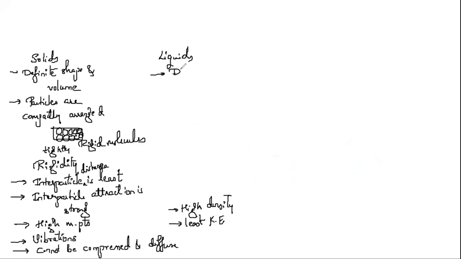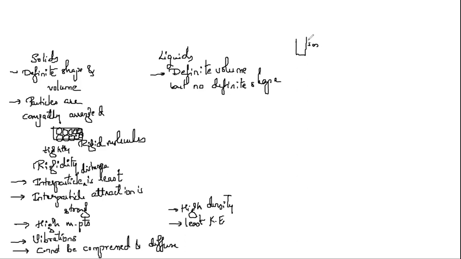Liquids have definite volume, but they do not have definite shape. What does volume mean here? Suppose I take 5 ml of water in a test tube, it will be 5 ml.